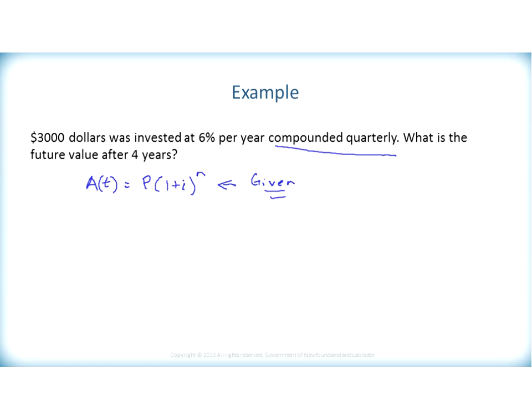And we see our principal amount initially invested was $3,000. Our interest is equal to the 6% divided by 4, because there are 4 compounding periods per year. It's 6% per year, but it's compounded quarterly. This will give us 1.5% per compounding period, so 0.015.